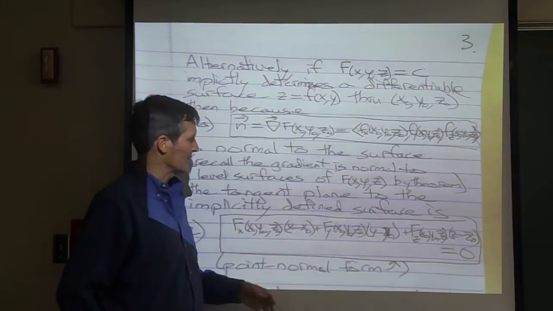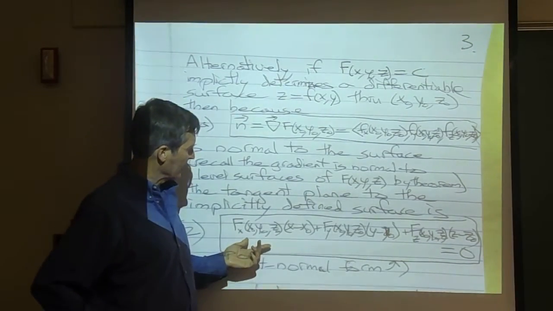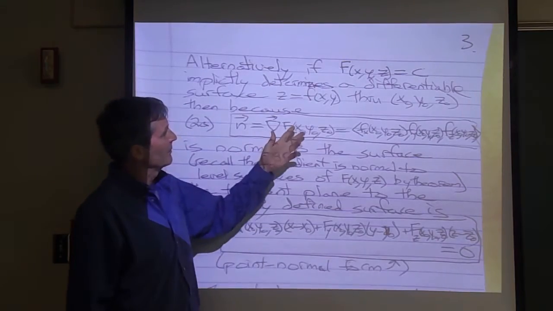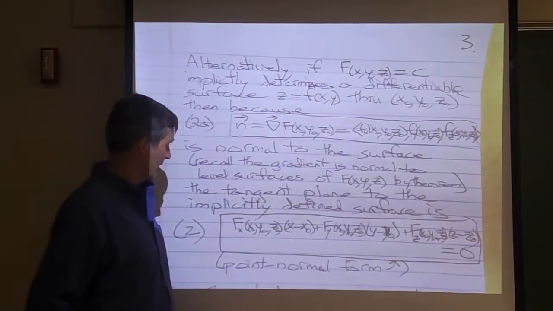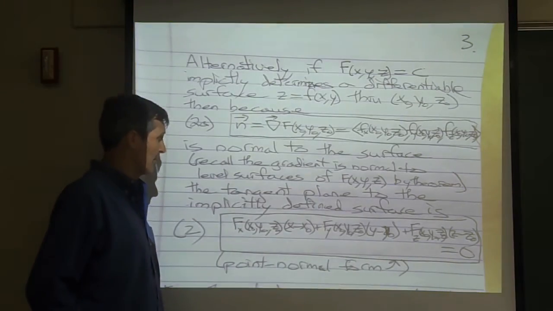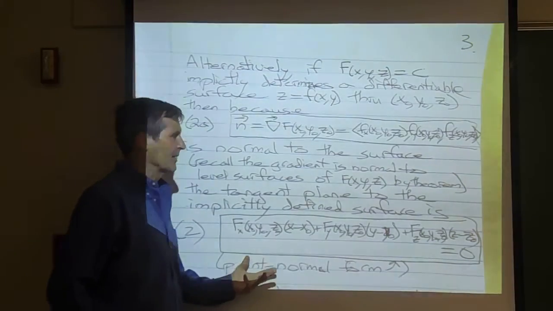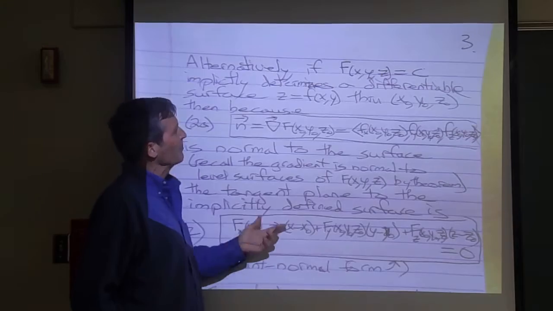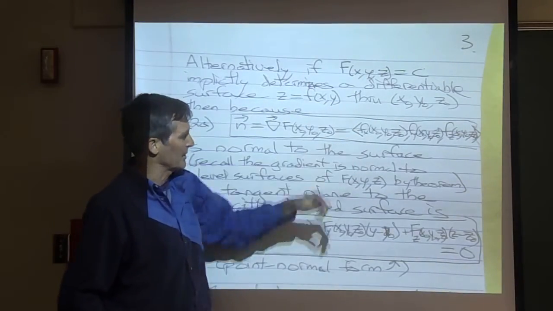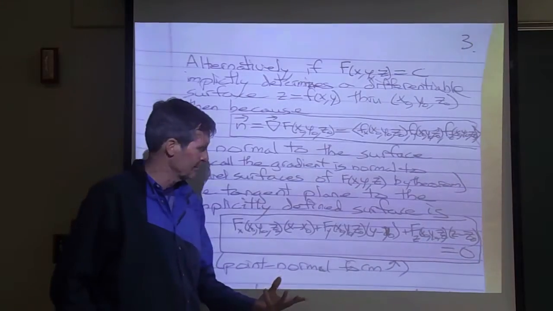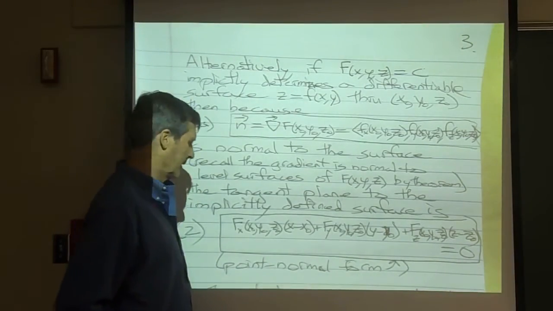We'll go back to the plane sections, review that, and you'll see that. And so just immediately from this, we can write down the equation of the tangent plane. This is provided that the function actually implicitly determines a differentiable surface through the point x0, y0, z0. So that's tacitly assumed in this formulation.